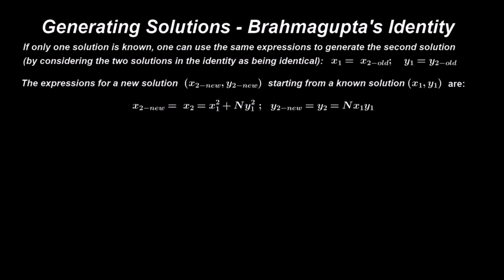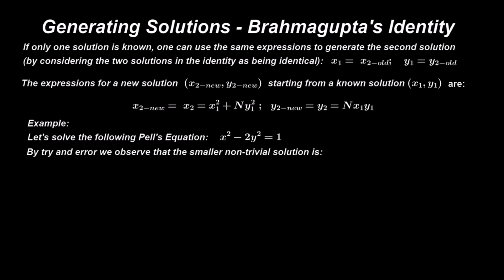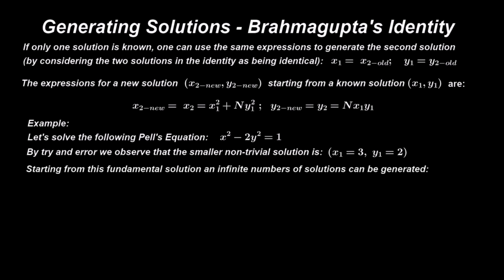Let's apply this method to the simplest Pell's equation, x square minus 2y square equal 1. The fundamental solution can be found by trial and error, and is x equal 3 and y equal 2. The second solution is generated using the formulas proven above.